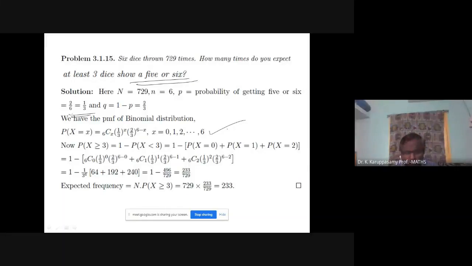First, you find out the probability for x greater than or equal to 3. I can use 1 minus probability of x less than 3, because greater than or equal to 3 means there are many terms. We can reduce the number of terms.